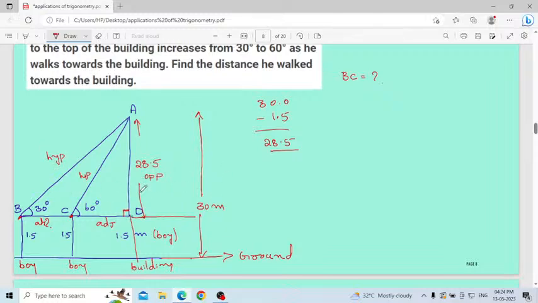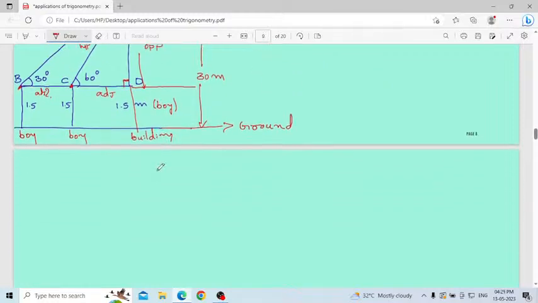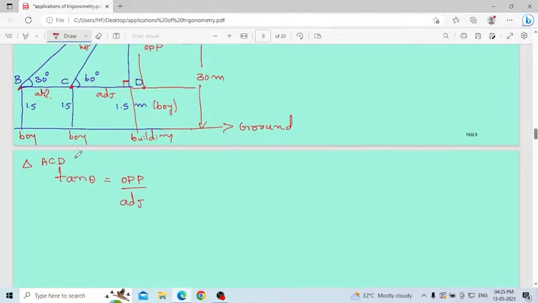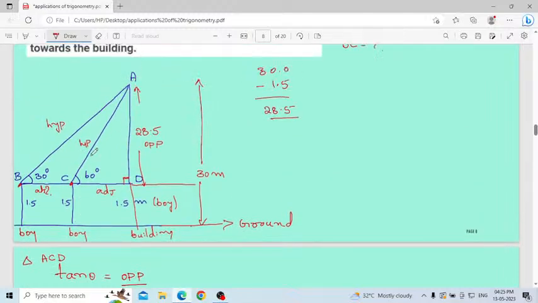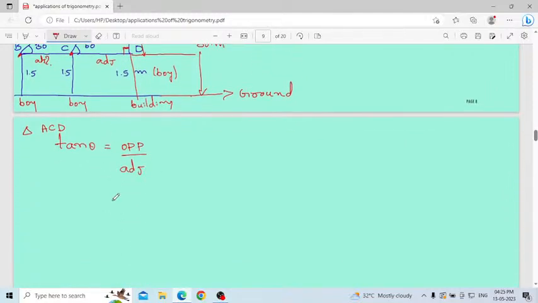Then consider tan theta. I will write it in the next step. Tan theta is equal to opposite divided by adjacent. I am talking about the triangle, I will write the triangle. Which triangle am I considering? ACD, the smaller one here. Then opposite divided by adjacent.